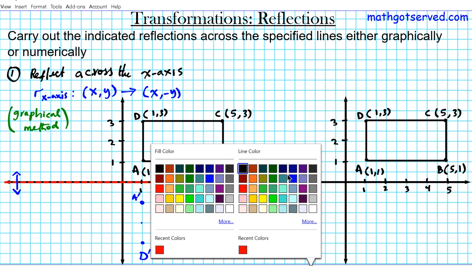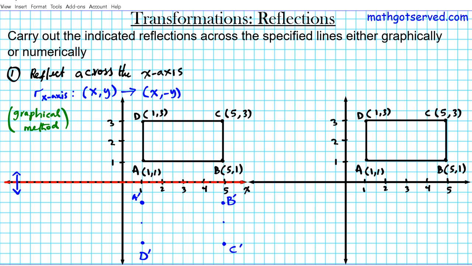Let's draw in our rectangle. Let's make it blue. Our rectangle is going to be just like this. That's what you get when you reflect rectangle ABCD across the x-axis. Let's label them.